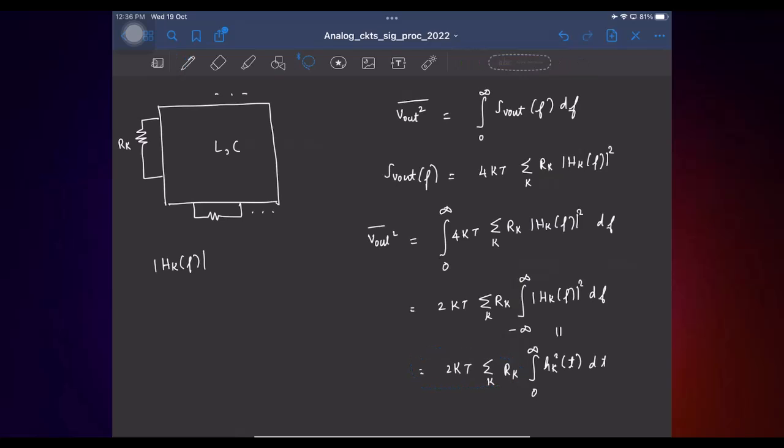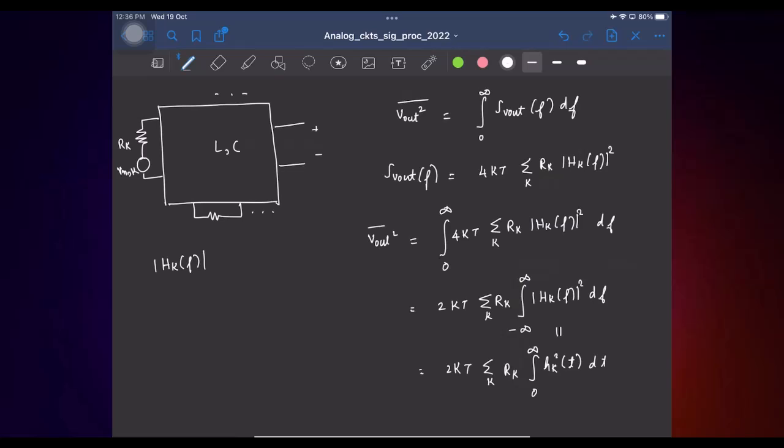Cool. Now we still haven't used our newly learned weapon. What is it? We have been learning something for the last 2 classes. What was it? Reciprocity. So let's do it, right? And this h_k(t), what is it? It is the impulse response from the noise source of the kth resistor to the output.